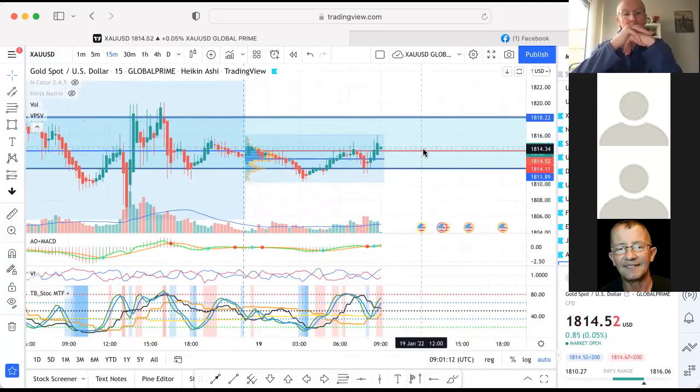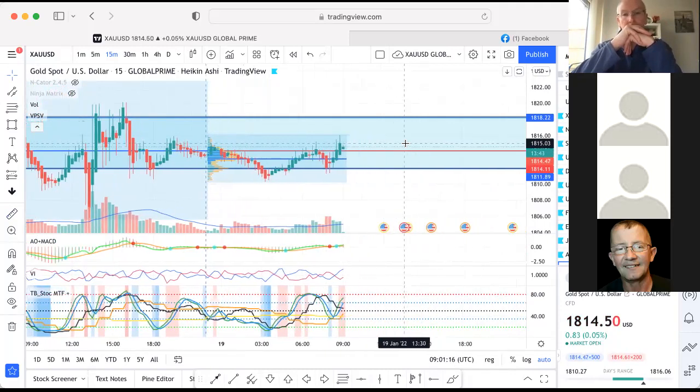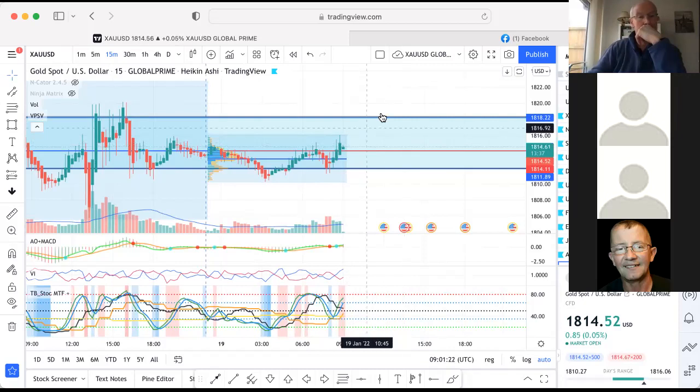It's looking like it's going to be a multiple point of control day, a multiple hit at the point of control. It's going to bounce up and down, either from the top to the bottom or from the top to the point of control and back to the top, maybe breaking through and then back to the point of control. But at least for the first part of the day, it's going to stay within the value area.